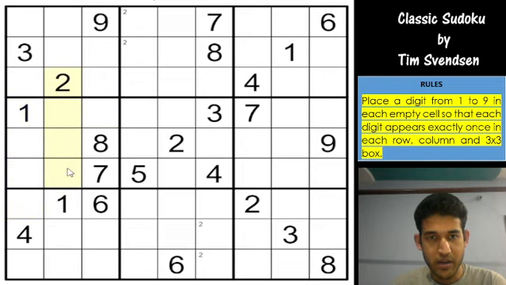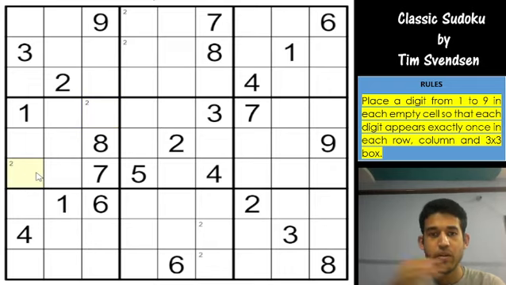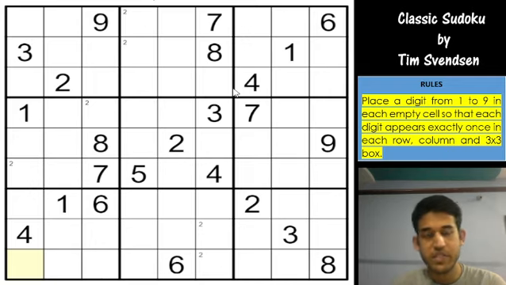It cannot be in column 2 and it cannot be in row 5, which means that 2 has only 2 cells left, these two cells. Okay, in box 7 there are 3 cells, so I'm not going to notate that. Okay, there are no more boxes which have only 2 possibilities of the digit 2.